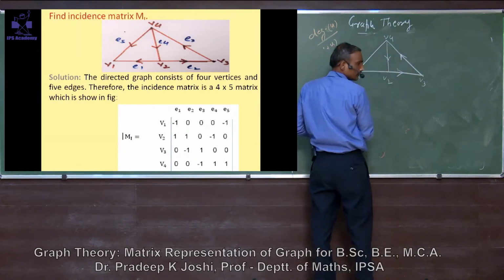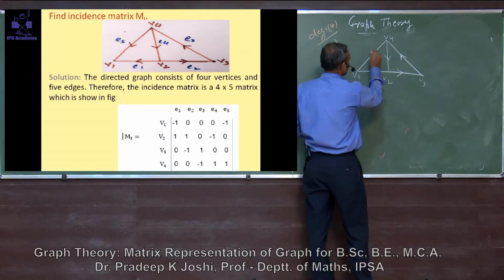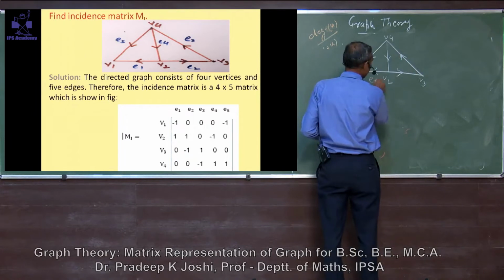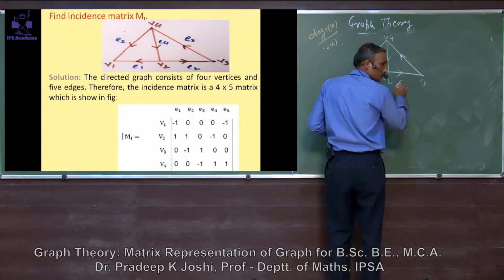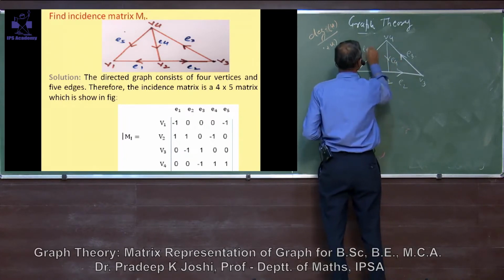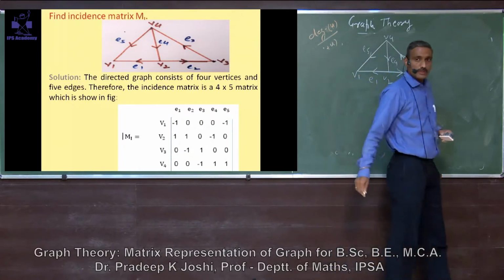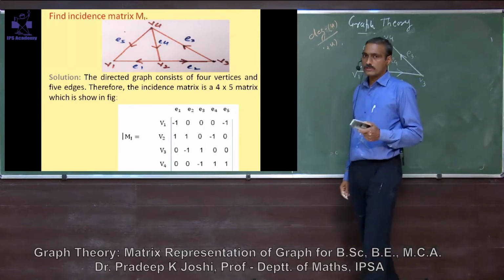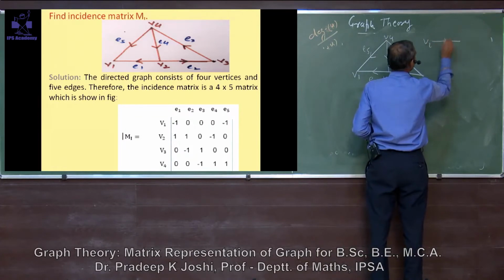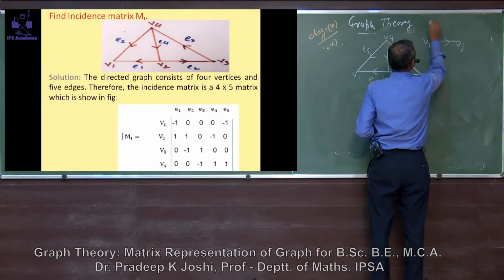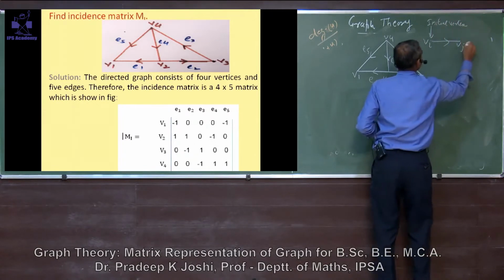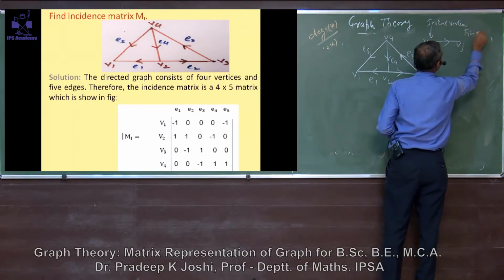This is the graph. Here E1, that is E2, that is E3, that is E4, and that is E5. Just to see the concept: if we have Vi to Vj, then Vi is the initial vertex and Vj is the final vertex.